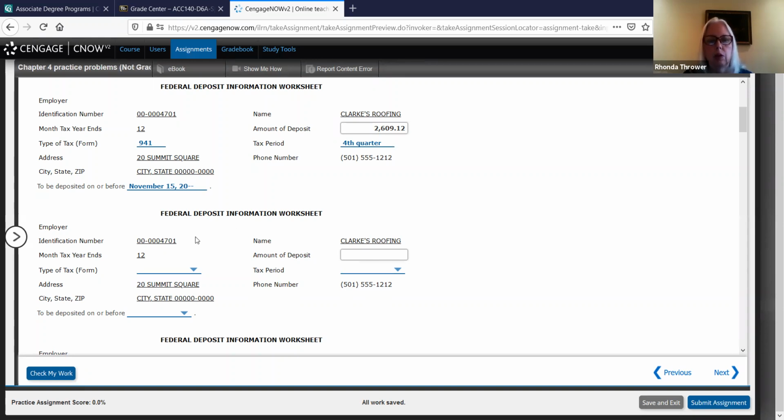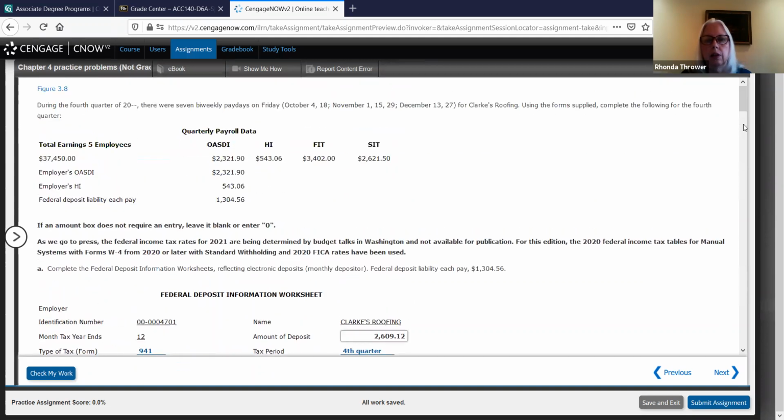For the second month, we have some deposit information. Again, the type of tax return that we're going to be completing is a 941 form. For the amount of the deposit, this time for November, there were 3 pay dates in November.